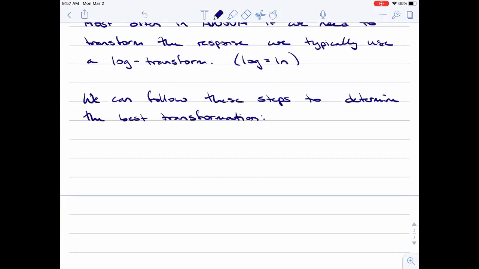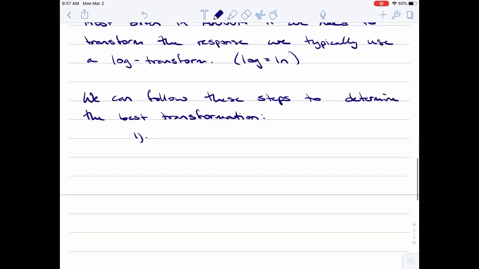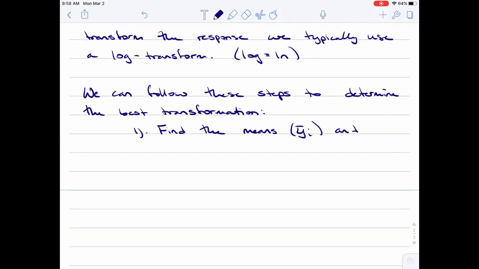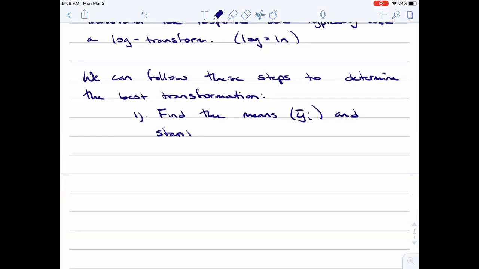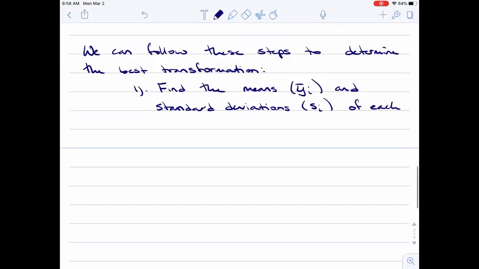Okay, step number 1. You have to find the means, which we'll denote by yi bar, and standard deviations, which we'll denote by si, of each of the groups.